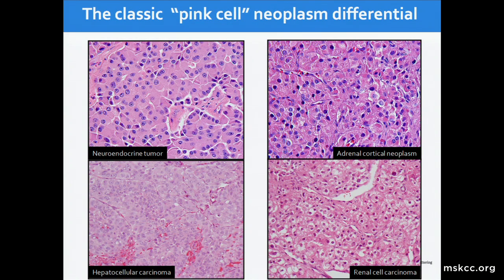So what is our differential based on the H&E alone? Well, there is a lot of pale eosinophilic cytoplasm, so let's start with our classic pink cell neoplasm differential. This very classic differential includes a well-differentiated neuroendocrine tumor, an adrenocortical neoplasm, a hepatocellular carcinoma, as well as a renal cell carcinoma.